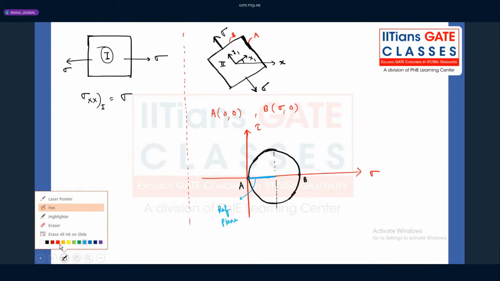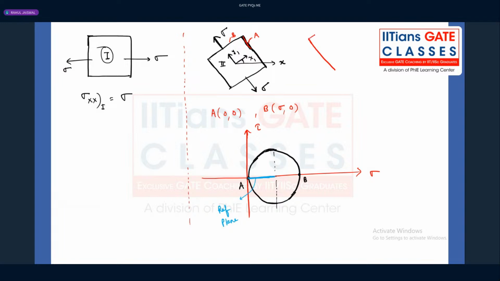Now, what they have mentioned, guys, look very carefully. They are saying corresponding to this particular plane, this plane is oriented at which particular angle? If you see, what is this angle?